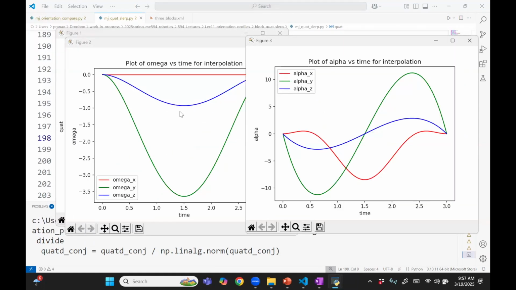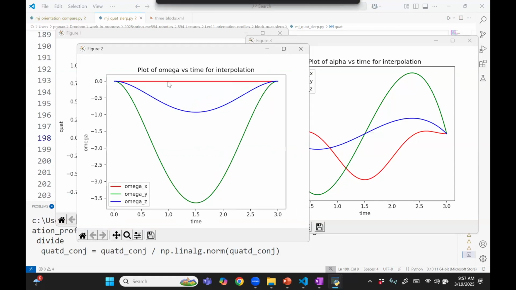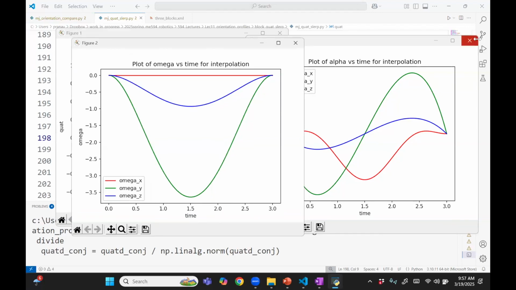Okay, here it is. Omega, you get a different response compared to that one. And then remember, this one also interpolates on that geodesic on the curve. You don't have to hack it and take the norm equal to 1.